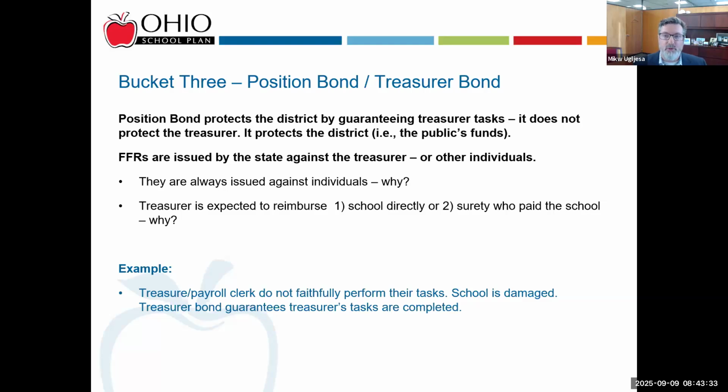So it's important to understand that's not what's being protected. The bond protects the school district's funds, protects the state, protects the school district. It does not protect the treasurer. So that's an important thing that we're trying to emphasize. We've done a lot of education around it for the past several years.